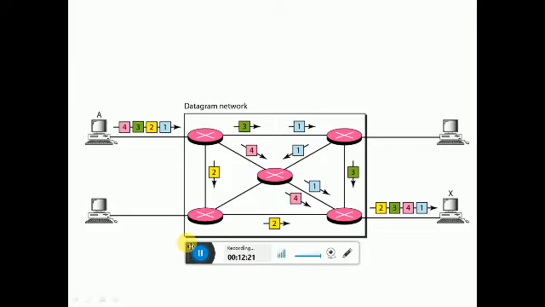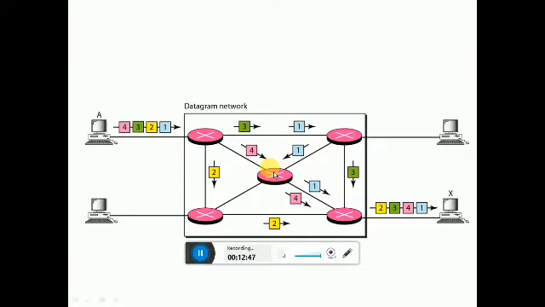The destination address in the header of the packet in a datagram network remains the same during the entire journey of the packet. When we talk about efficiency, the efficiency of the datagram network is better than the circuit switched network. The resources are allocated only when there are packets to be transmitted.